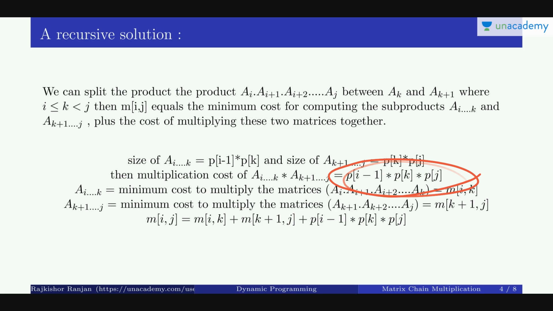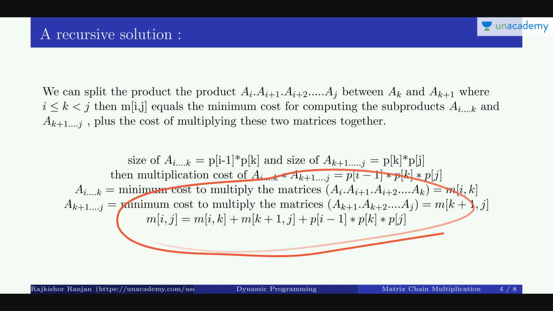Also the minimum cost for multiplying matrices ai to ak would be m(i,k), and the minimum cost to multiply matrices a(k plus 1) to aj would be m(k plus 1,j). So overall the value of m(i,j) would be equal to m(i,k) plus m(k plus 1,j) plus p(i minus 1) into p(k) into p(j). This is nothing but the recursive relation for finding the value of m(i,j).